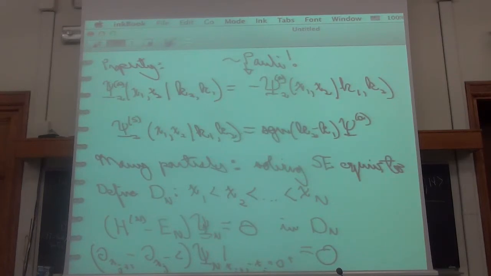But as long as within this n-body wave function we have a part of the two-body wave function that does the right thing for this choice of two coordinates, then we're okay. Okay? So the generalization is completely straightforward.